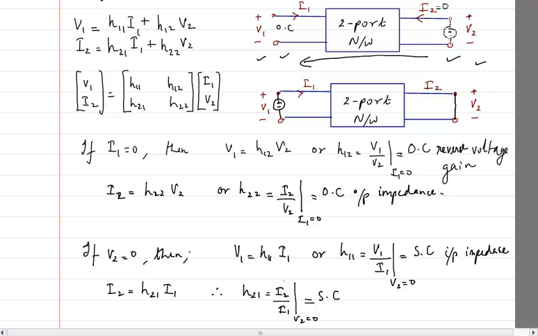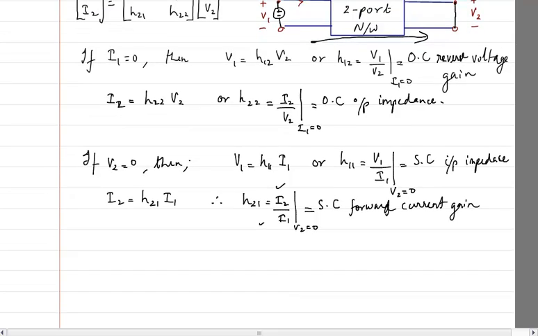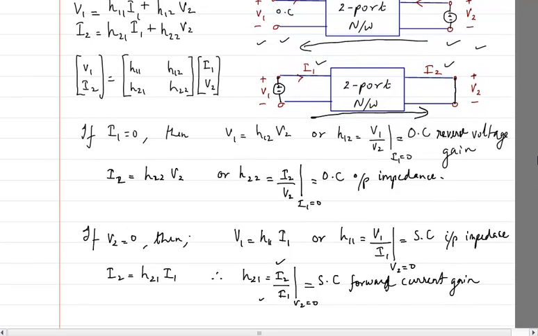But now I am trying to get I2 when I am having I1. So what is the current I2 flowing when I am giving I1 as the input? So it is basically current gain, in the forward direction. So I will call it short circuit forward current gain. So these are the four.